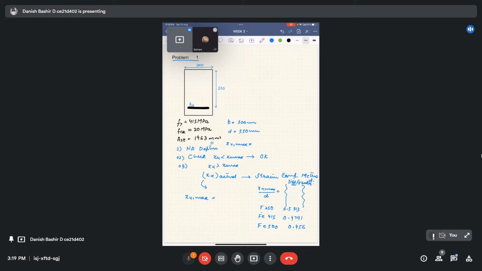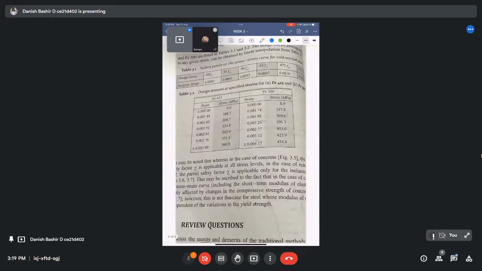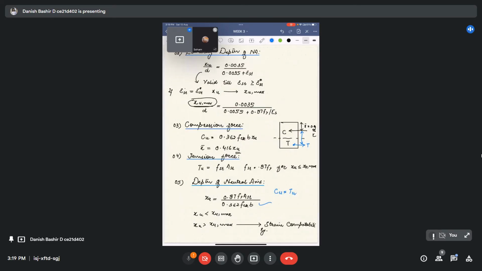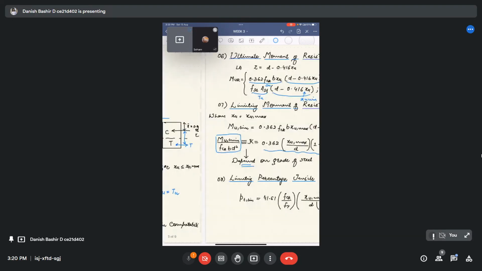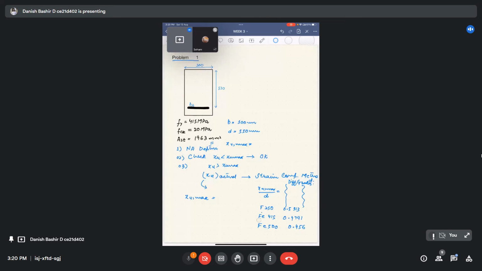Actually, we can see from this equation that XU max by d only depends upon the grade of the steel fy. It's independent of all the quantities, section dimensions, or the grade of concrete. So when we plug in fy 415, we get the ratio shown here, Fe 415: 0.4791.